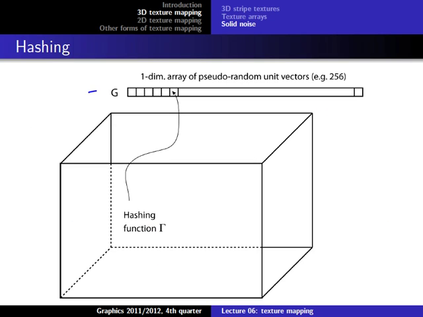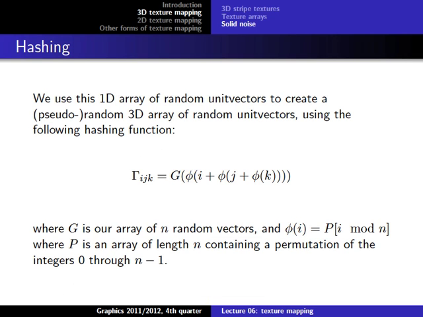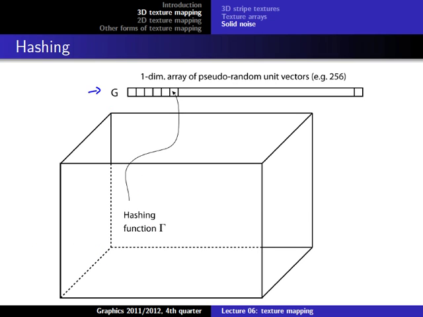So what we have is we have created our 1D array of unit vectors, and we have an index i, j, k in our 3D array. This is the position i, j, k.